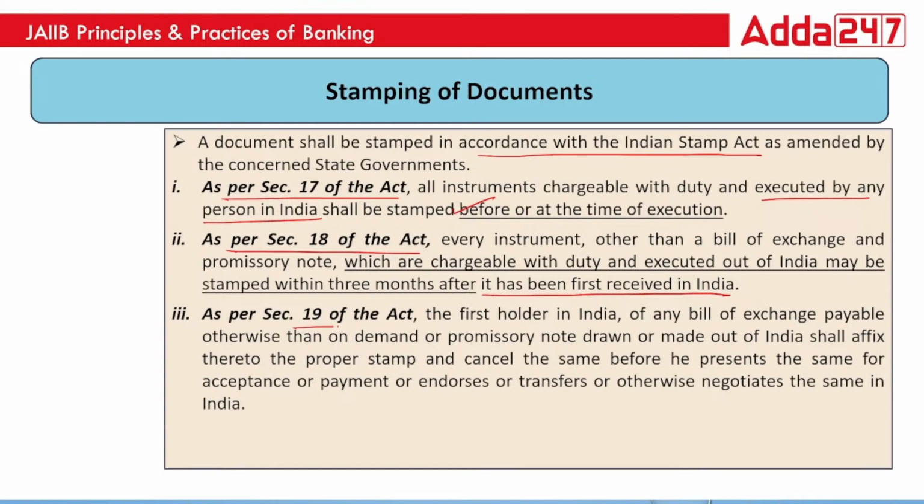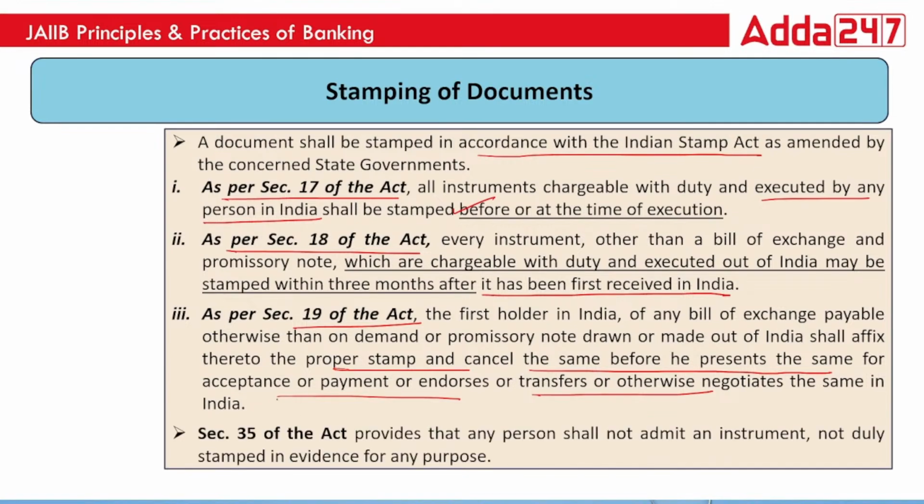As per Section 19 of the Act, the first holder in India of any bill of exchange payable otherwise than on demand, or promissory note drawn or made out of India, shall affix thereto the proper stamp and cancel the same before he presents it for acceptance or payment, or endorses, transfers or otherwise negotiates the same in India. And under Section 35 of the Act, it cannot be admitted as an instrument if it is not stamped. If it is not duly stamped, you cannot admit that instrument.